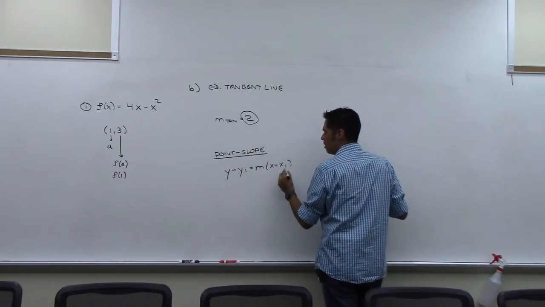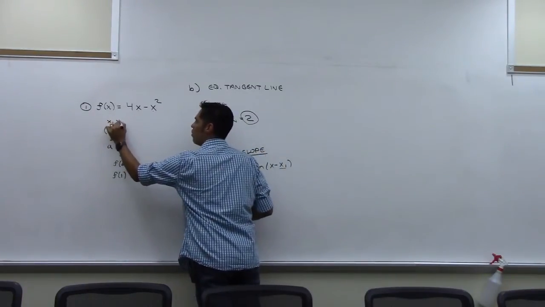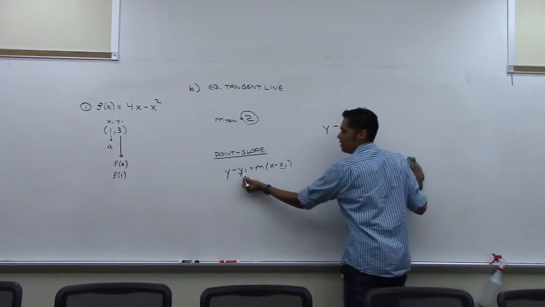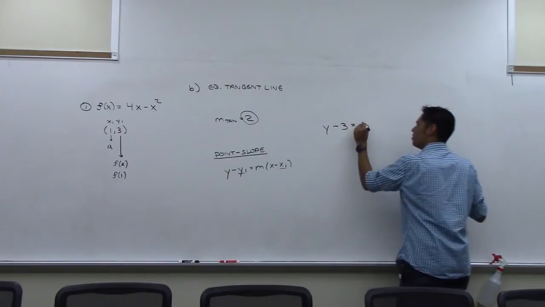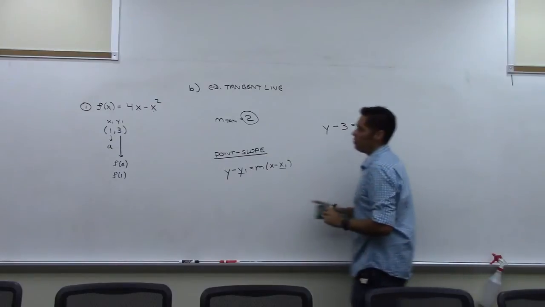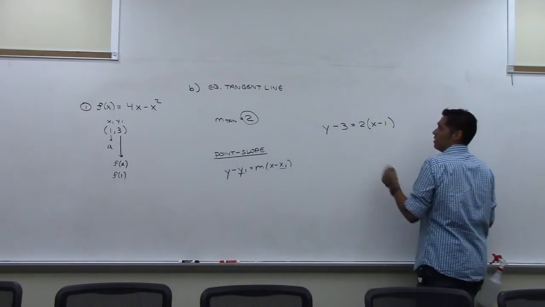And we know a point on the line, x1, y1, comes from this right here. This is x1, this is y1. So I can just rewrite this as y minus y1, which is 3, equals the slope, which is 2, times x minus x1, but x1 here is 1. And that is the equation of the line.